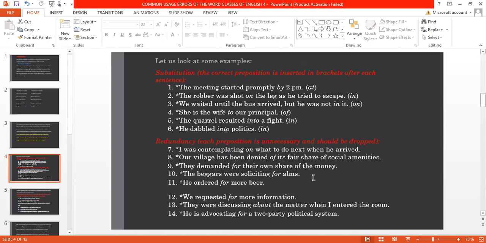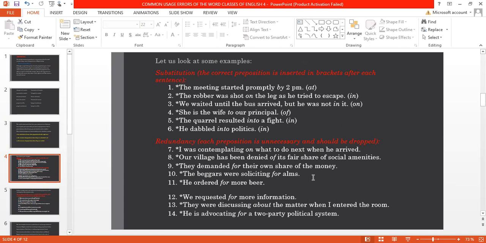When we're discussing preposition, we say we have preposition that shows direction and preposition that shows us time. So the meeting started promptly at 2 p.m. By is a wrong preposition.